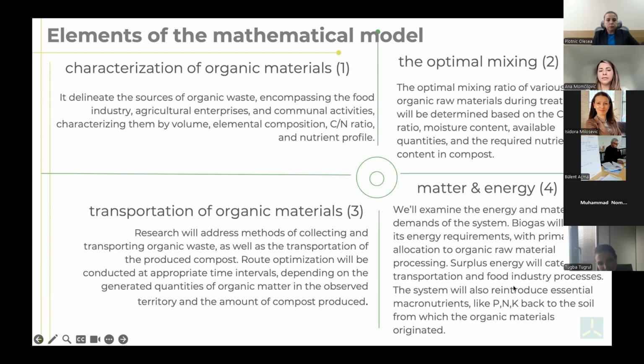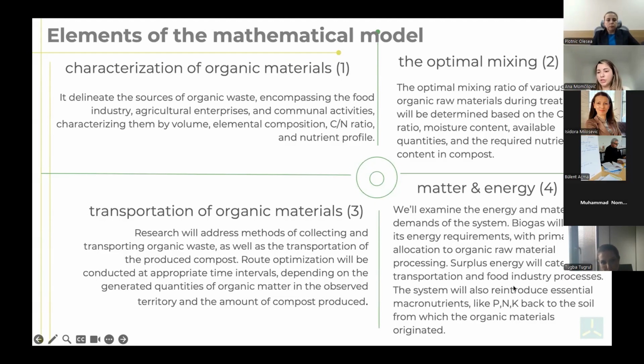As far as characterization, the most important was to know the volume or the quantities of the organic waste that is produced seasonally and by location, because we needed to calculate transportation costs.